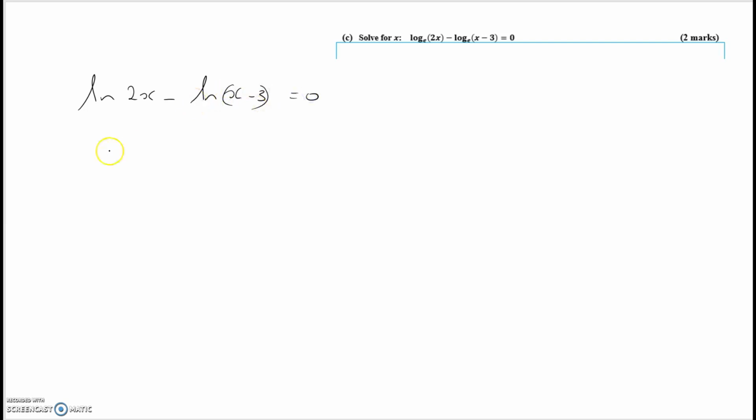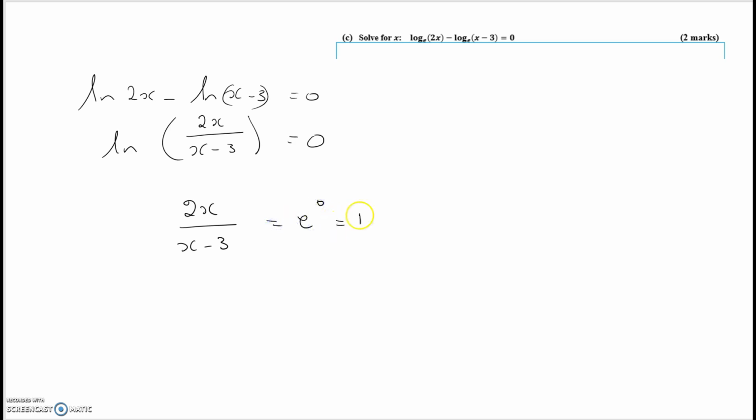If I've got a minus, it means I'm dividing. So 2x over x minus 3 is going to be equal to e to the power of 0, which is 1.